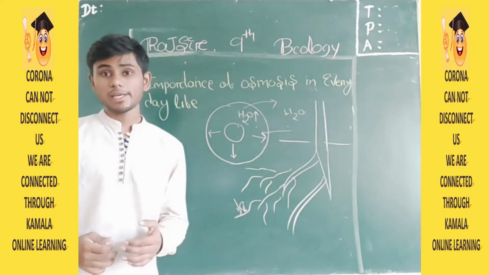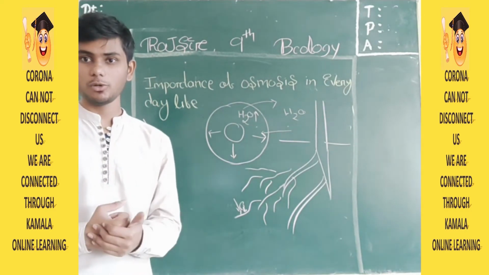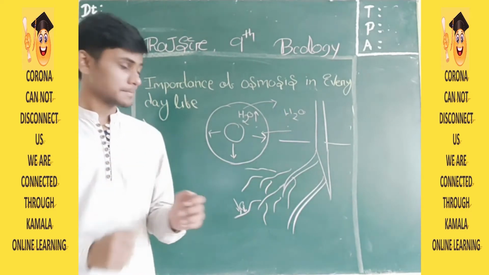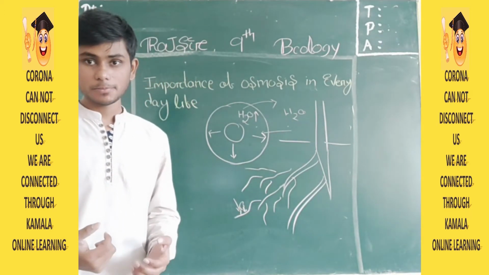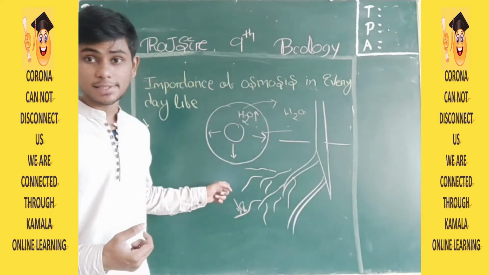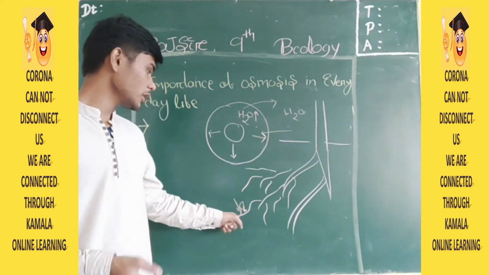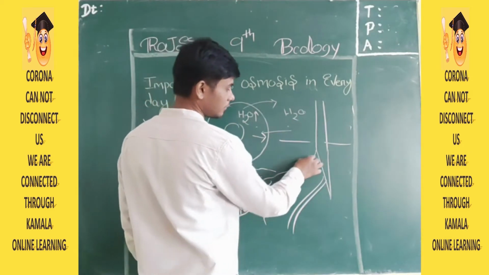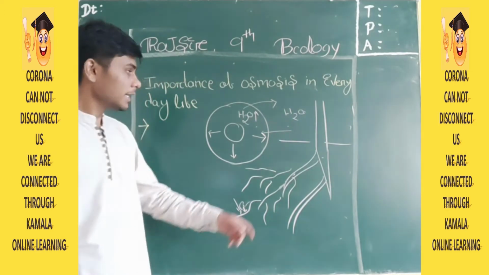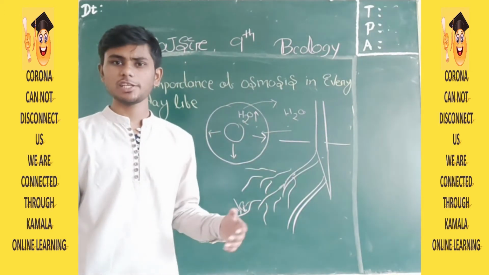While absorbing water molecules, what phenomenon do they follow? They follow osmosis. It means these roots will be in lack of water molecules. If water molecules are outside the cell, the roots will say, please come inside. The moment water molecules come inside, they will go from the root hair to the root, and after that they will go to the root cortex, and then they will be sent to the leaf for various purposes, for transportation and all.